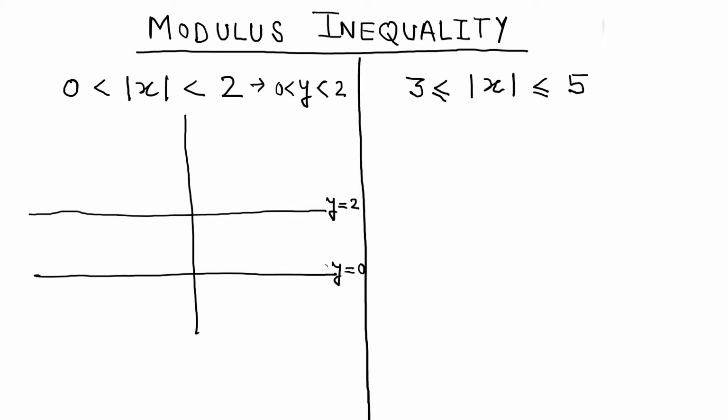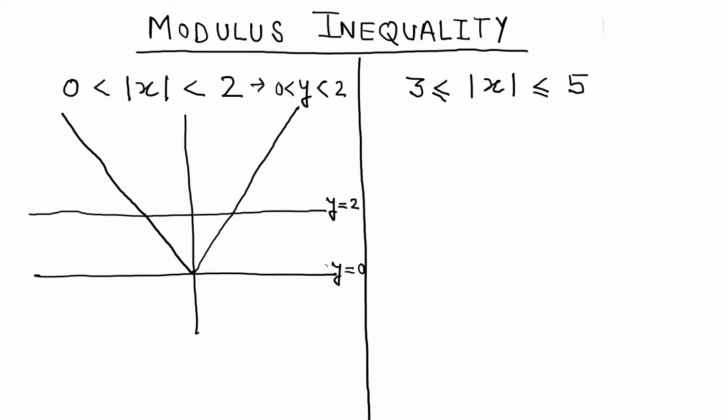The solution set of the graph y is equal to modulus x. Once we have drawn the lines y is equal to 0 and y is equal to 2, the solution set has to be sought between these two lines and the graph of y is equal to modulus x.